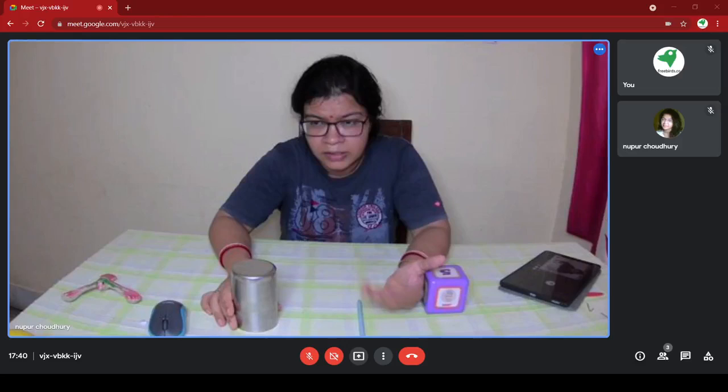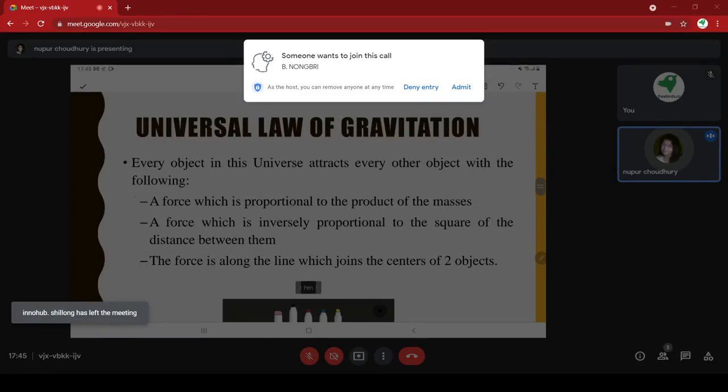Now, moving ahead with the universal law of gravitation. This is something which each and every one of us should remember. Here, every object in the universe attracts every other object, with these three points. The first point is that the force is proportional to the product of the masses.